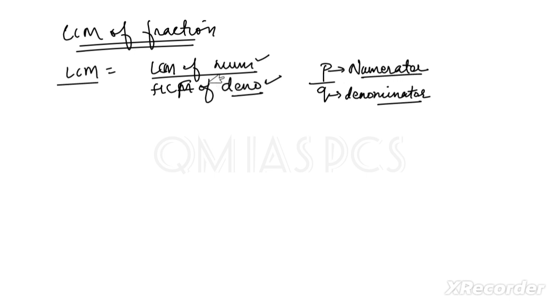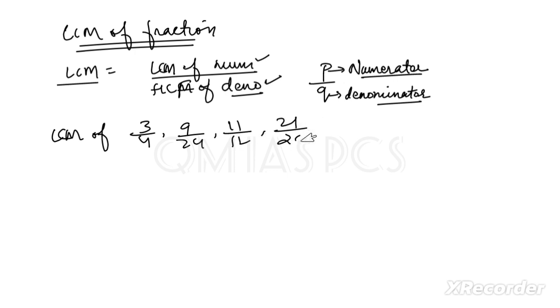So I'm giving one question here: LCM of, let's say, 3 by 4, 9 by 24, 11 by 12, and 21 by 20. I have told you what HCF and LCM are. Now you can solve this one, try this out. So what is the LCM?